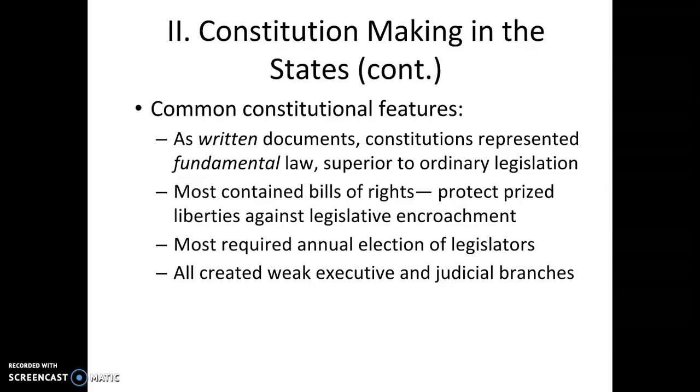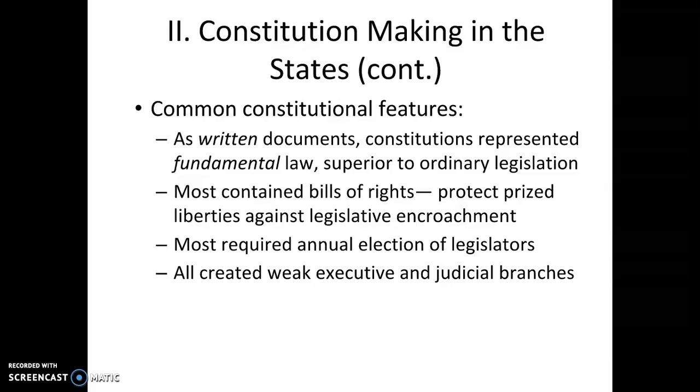Now, the reason for that last point is pretty obvious. When you think about it, these states have just come from a system by which they were directly ruled by a king who they viewed as tyrannical. And so that central authority is something that the colonists would view as dangerous. And so creating an executive that was powerful was something that was to be feared.